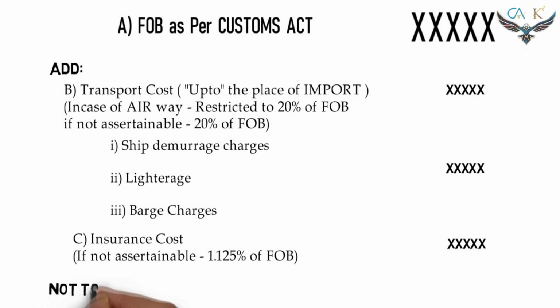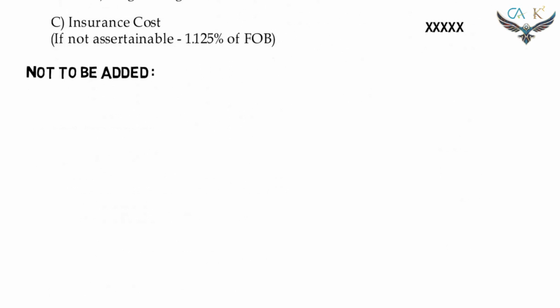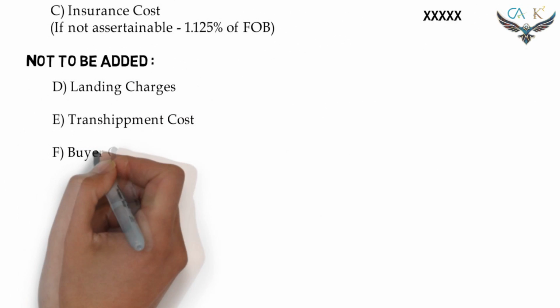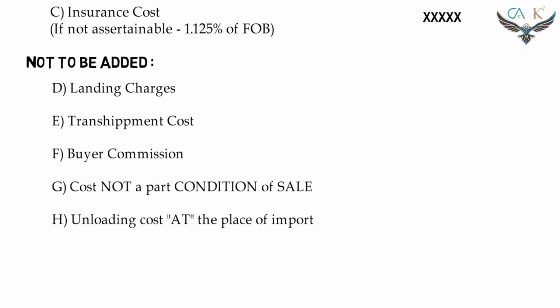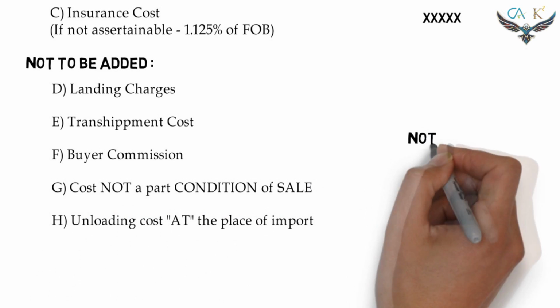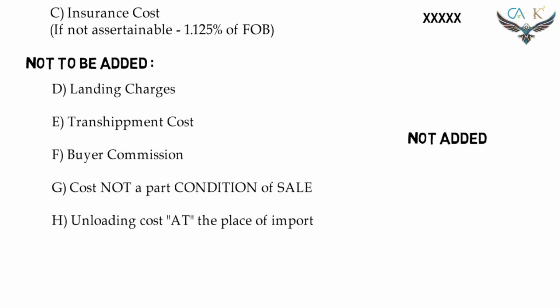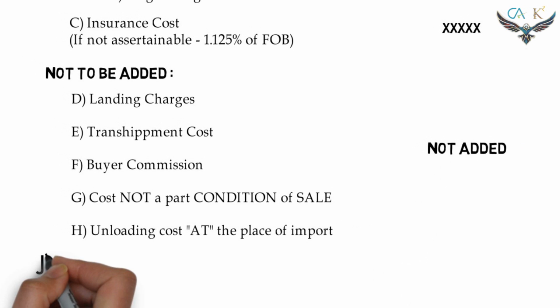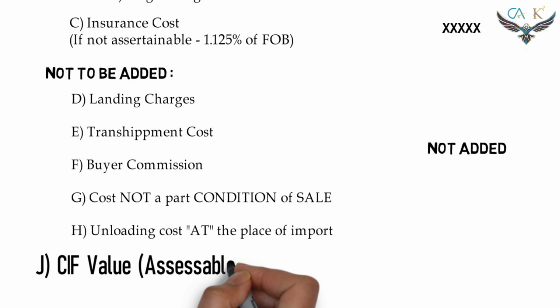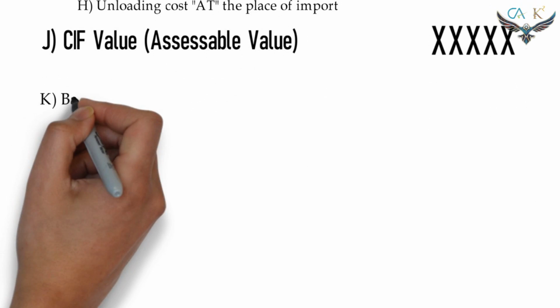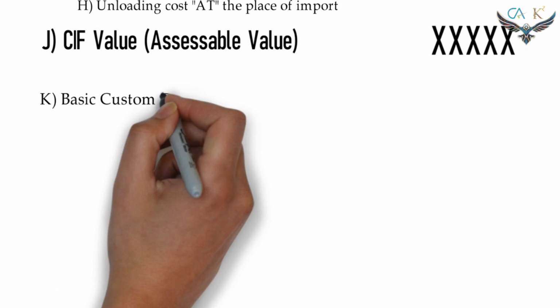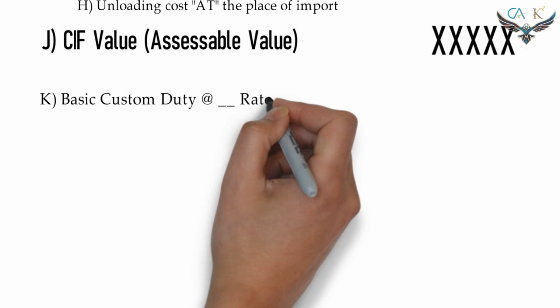For the purpose of arriving at the CIF value, the following things shall not be added: the landing charges, the transshipment cost, the buyer's commission, costs that are not part of the condition of sales, and the unloading cost at the place of import. After adding and not adding the above mentioned costs, we will arrive at the CIF value, that is called the assessable value.